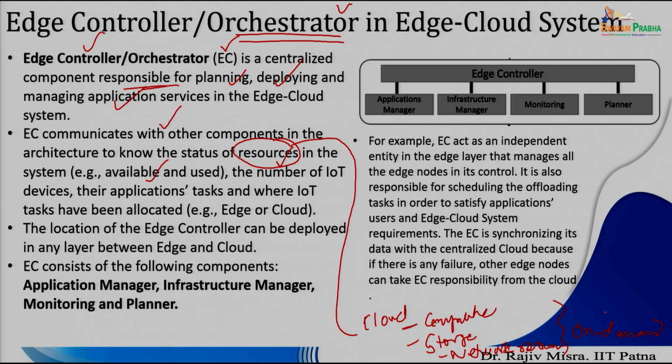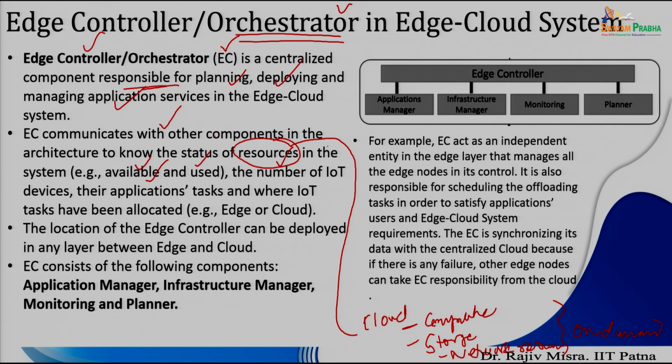So, we have to understand the requirements of this particular resource. For that, this particular controller has to have complete knowledge of the availability of the resources at the edge and so on. So, this statistics or monitoring is to be done by the edge controller.